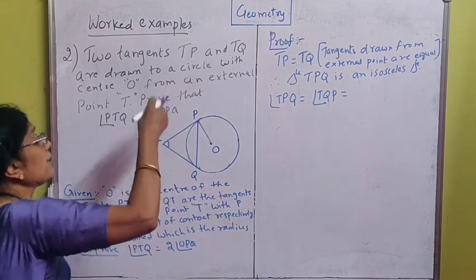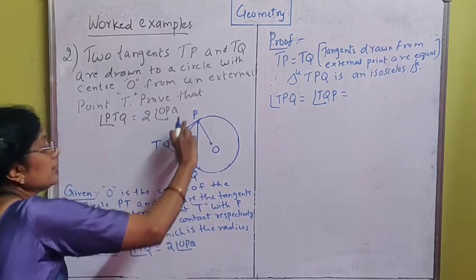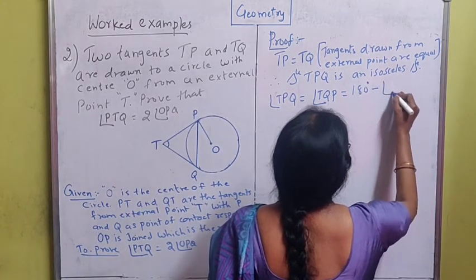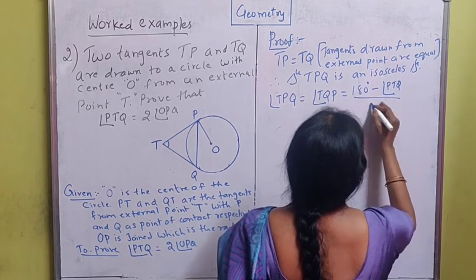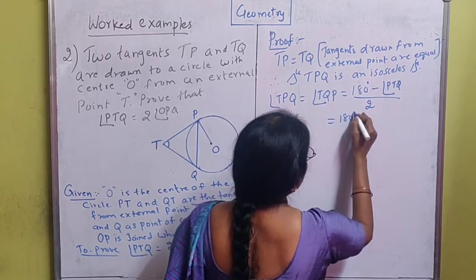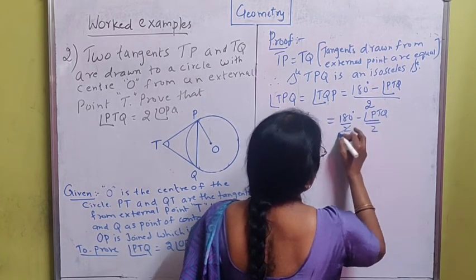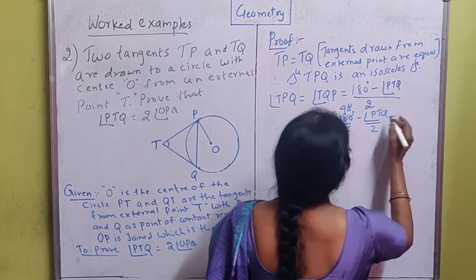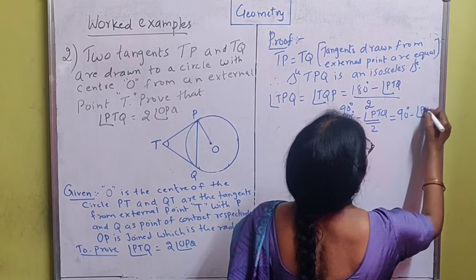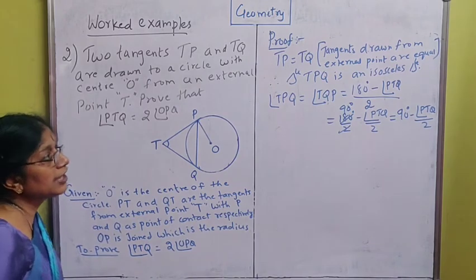From 180, if you subtract angle PTQ and divide by 2, you will get the remaining two angles, because these two angles are equal. So I will write it down as 180 minus angle PTQ, whole divided by 2. This I can take as 180 degrees by 2 minus angle PTQ by 2. So 2 ones are 2, 90s are. So I got 90 degrees minus angle PTQ by 2. That is what I got for angle TPQ and TQP.